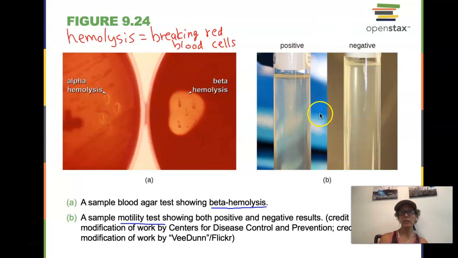On the right side, we have a motility test. This one is very difficult to see. This line represents where the bacteria were stabbed into this agar deep, and we don't see anything moving away from it. On the positive one, it's hazy, away from where the original stab was.